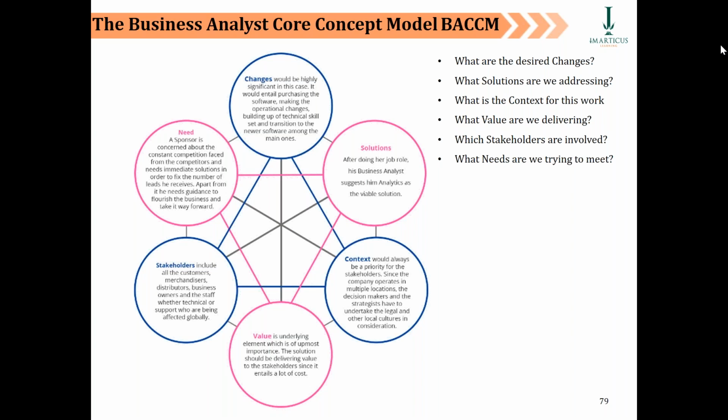What are the desired changes? That will come from the change box. What solutions are we addressing will come from the solution box. Context will come from the context box. Value will come from the value box. So eventually, if you rerun the solution continuously with these cyclic rules, you will come to enough clarity.